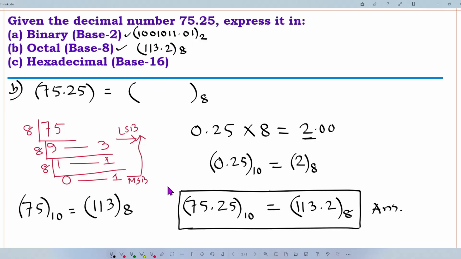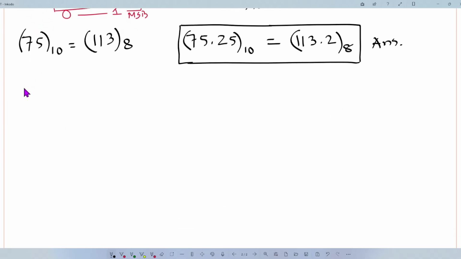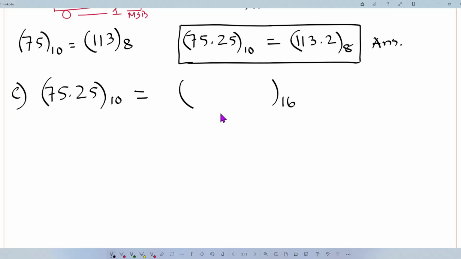Okay, so our next part, hexadecimal, we can write here. Number C, 75.25. This is a decimal number. We will convert to hexadecimal. So for hexadecimal we will divide by 16. So 75 divided by 16. So here is 4, right? 4 times 16 is 64.